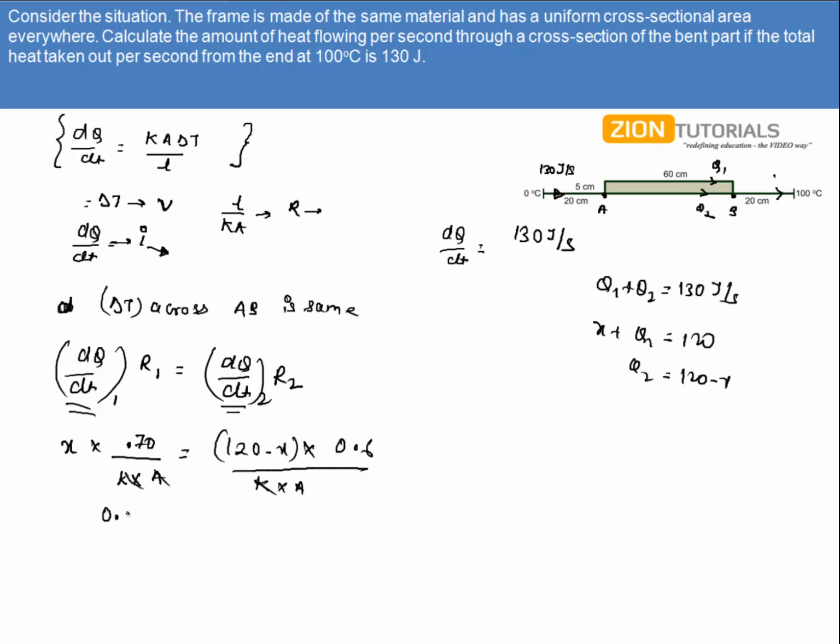I have 0.7x is equal to 130 minus x into 0.6. On solving this equation, I get the value of x as 60 joules. That is the answer.